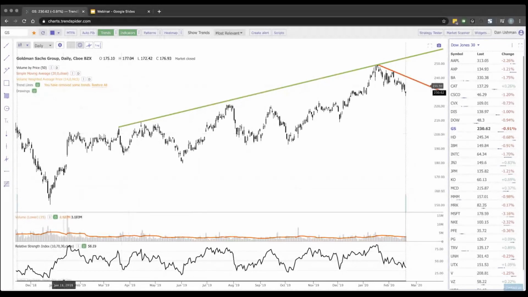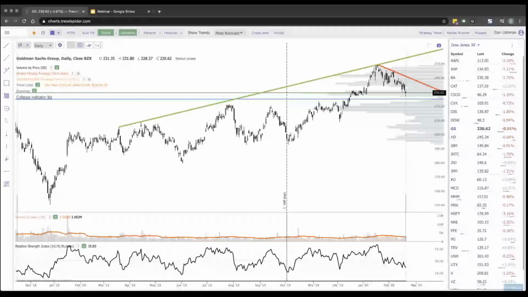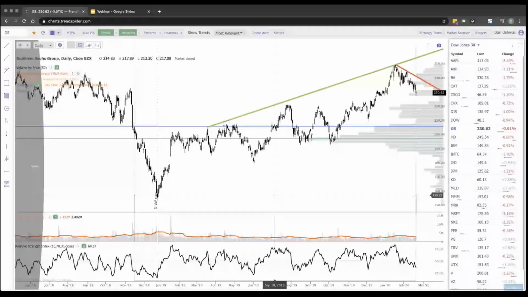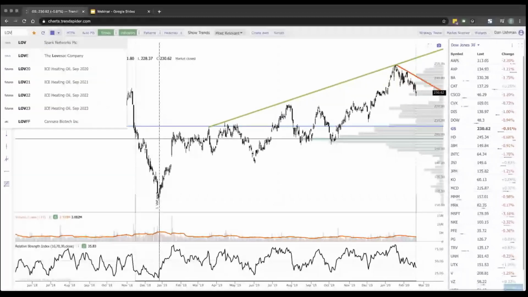And the first thing I want to show you guys here, and this is one of my favorite tools in the platform, is this anchored volume by price tool. And this is a tool that I've been using a lot in my own trading. It's very, very interesting because it allows you to measure where volume was since a particular point in time. And you can see how this works on a lot of different charts.